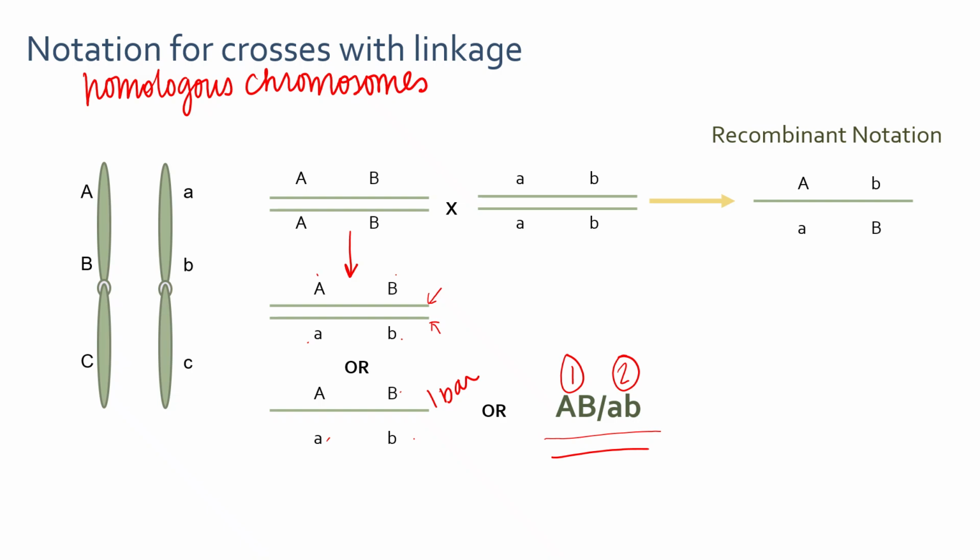So if recombination has happened between A and B, and A and A or B and B have exchanged locations, then we just write it as our new chromosome has big A and little b, and the other chromosome has little a and little b. We're going to see this notation most often from our textbook, but we might see either one.